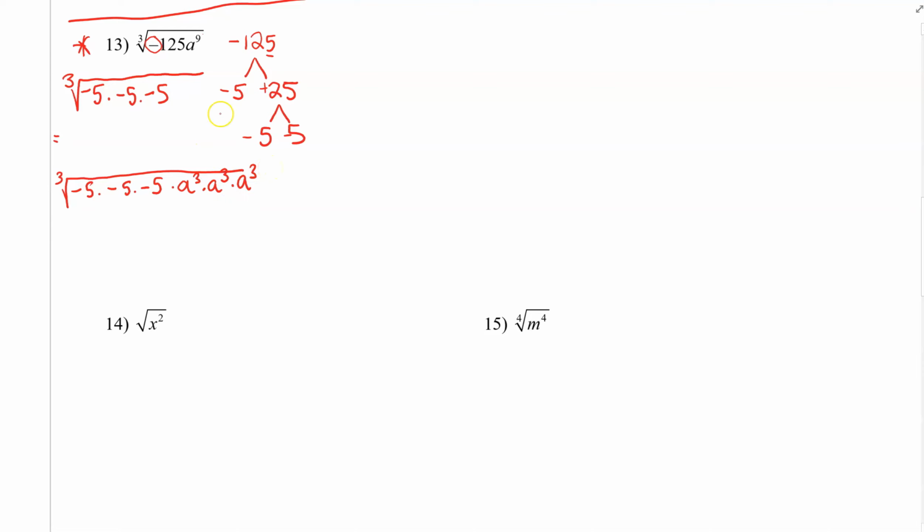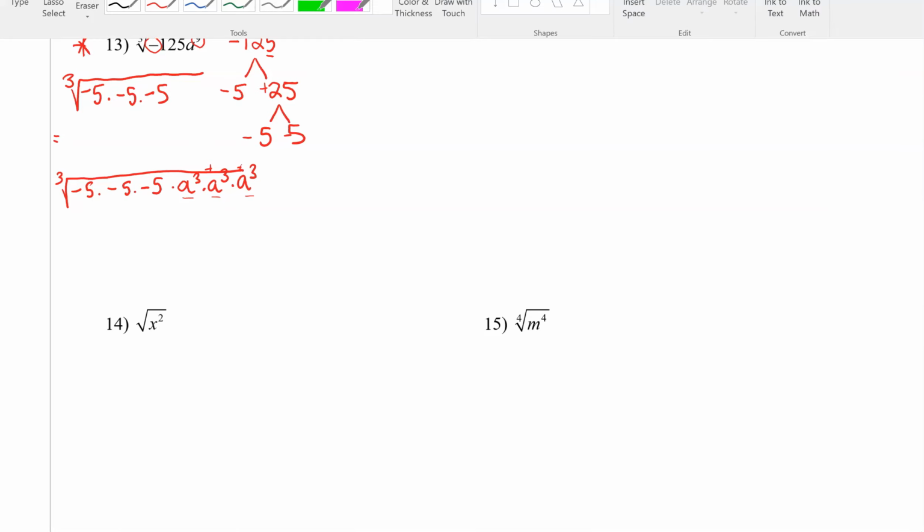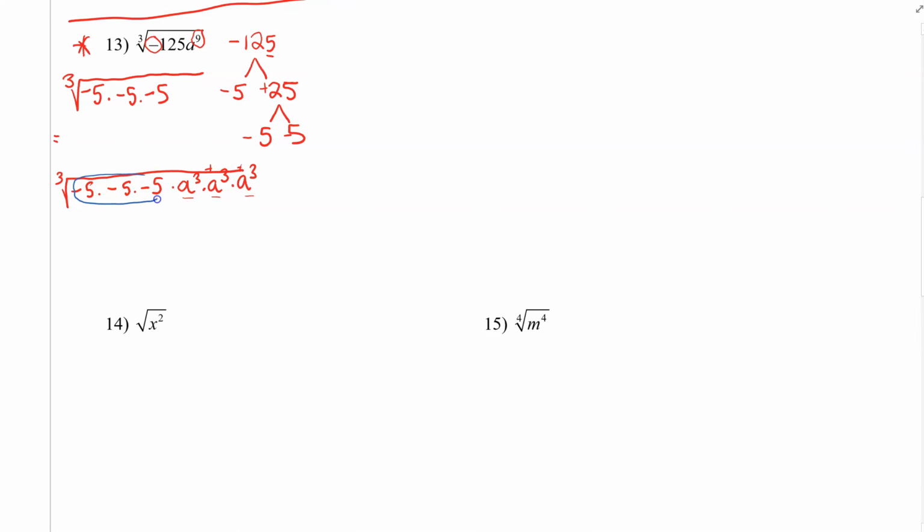Because when you multiply bases, a times a, you add the powers, and 3 plus 3 plus 3 is 9. Or in other words, this is 9 factors of a, and 9 factors of a can be broken up into 3 groups of 3. 3 perfect trios.